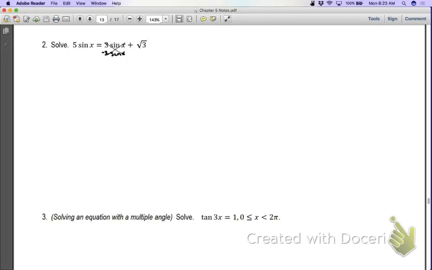So that's gone. If I subtract 3 sine x, then I have 2 sine x equal to the square root of 3. Now, just divide by 2.